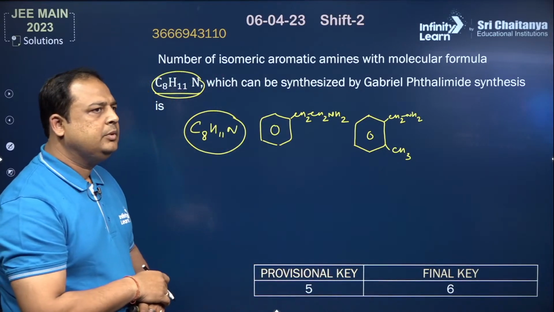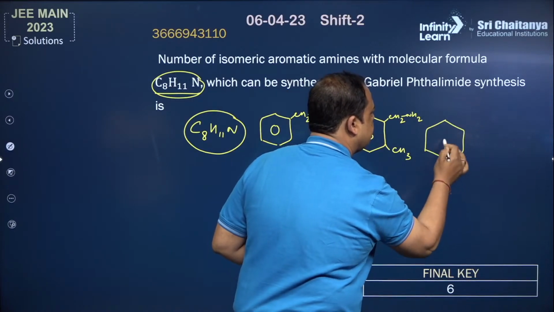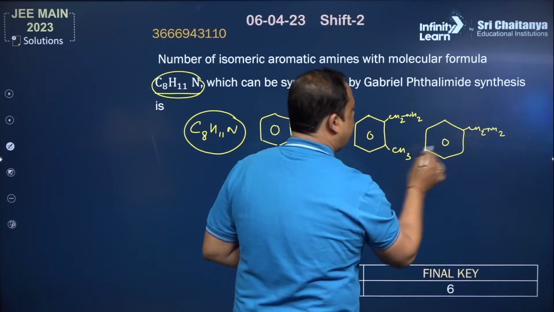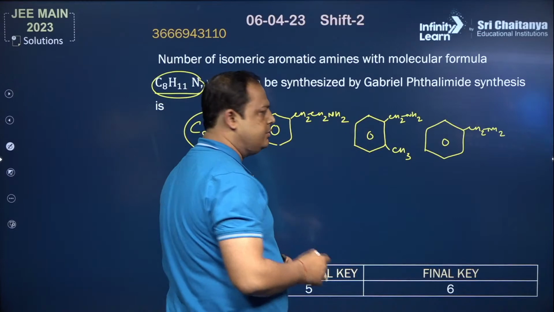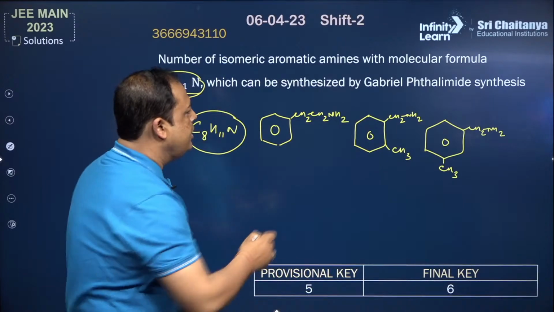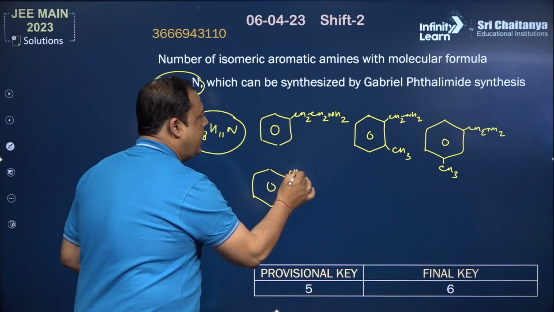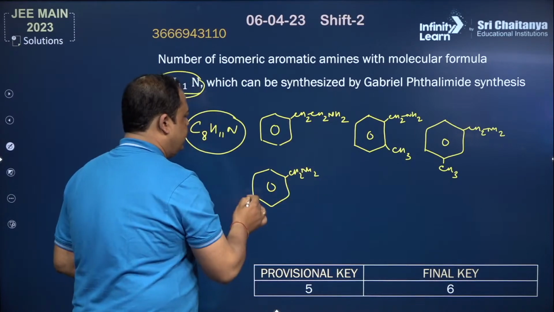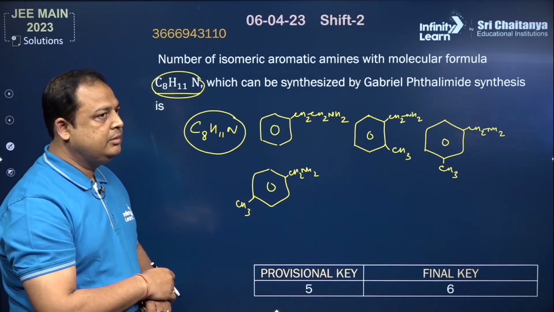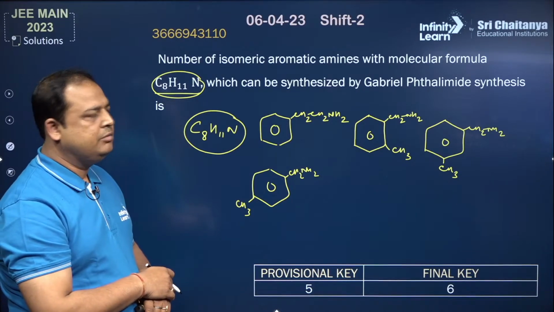What about the next? Next is CH2NH2, and we have the ortho, meta forms of this. This is its meta form, and the fourth one can be CH2NH2, and this is the para derivative. And what about the fifth one? These are the 4 isomeric forms of C8H11N.